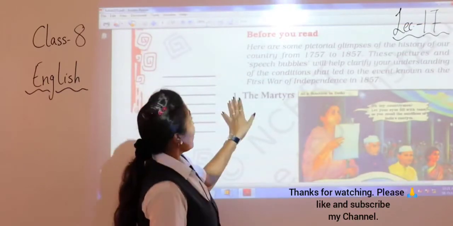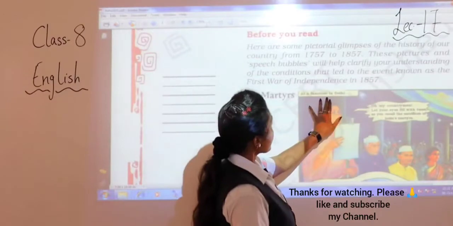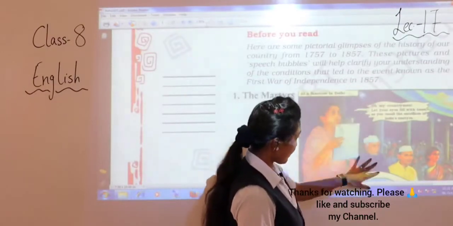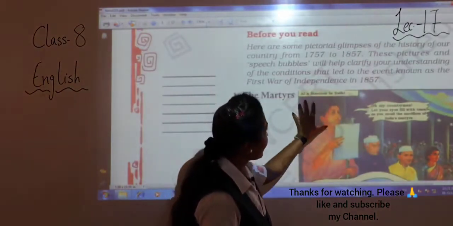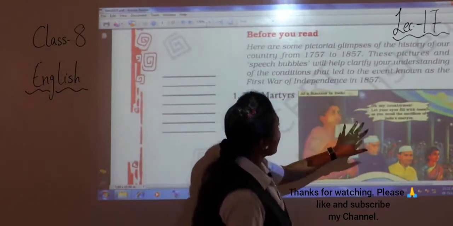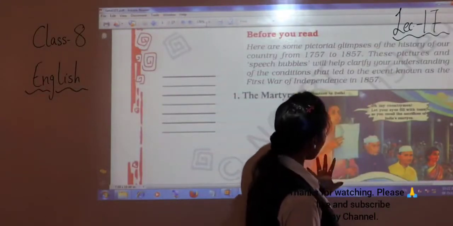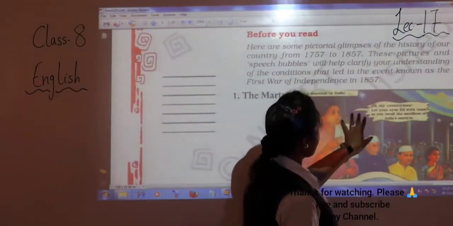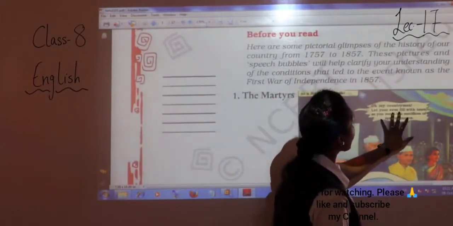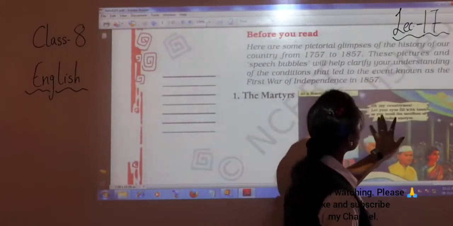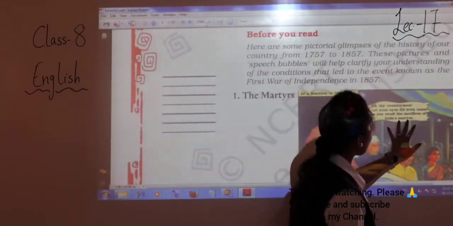Okay, so the martyrs at a function in Delhi. This is the picture of a function in Delhi, and in this picture one singer, a female person, says, "Oh my countrymen, let your eyes fill with tears as you recall the sacrifices of India's martyrs."